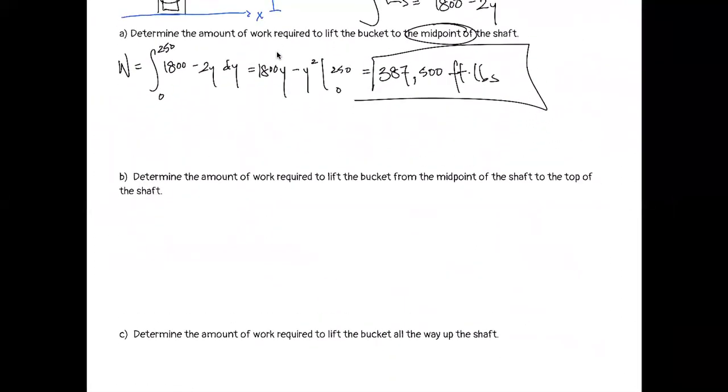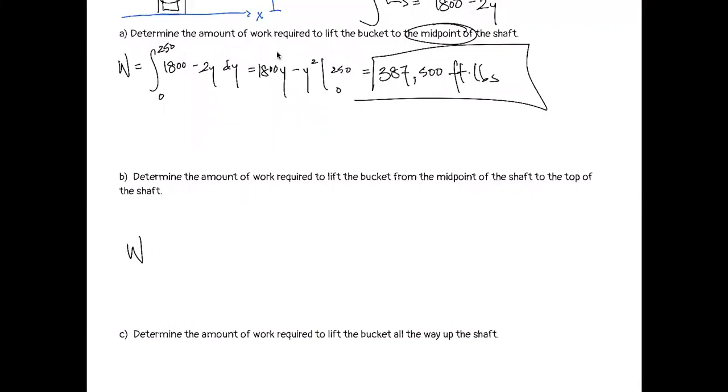All right, but that question kind of leads into the next two parts, all right? So the only thing that changes between parts A, B, and C are the bounds, because the function is still the same. Our force function is still the same. We're still going to have 1,800 minus 2y, because that represents the bucket and the cable as it goes up the mine shaft, okay?